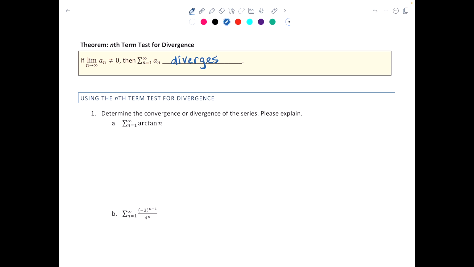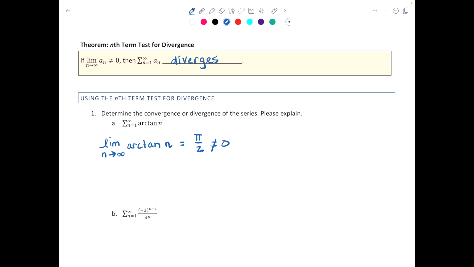All right, so let's take a look. We're going to see if it diverges by our nth term test for divergence. So let's see, what is the limit as n approaches infinity of arctangent of n? I'm guessing your Calc 2 teacher probably told you to memorize this. Basically, you'll get pi over 2, and pi over 2 is not equal to 0.